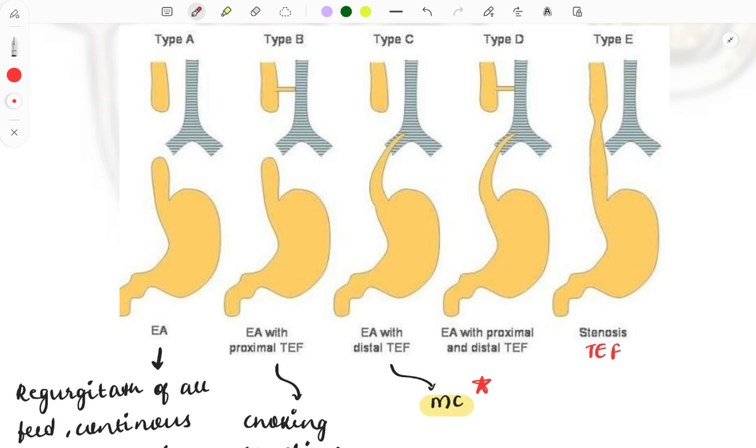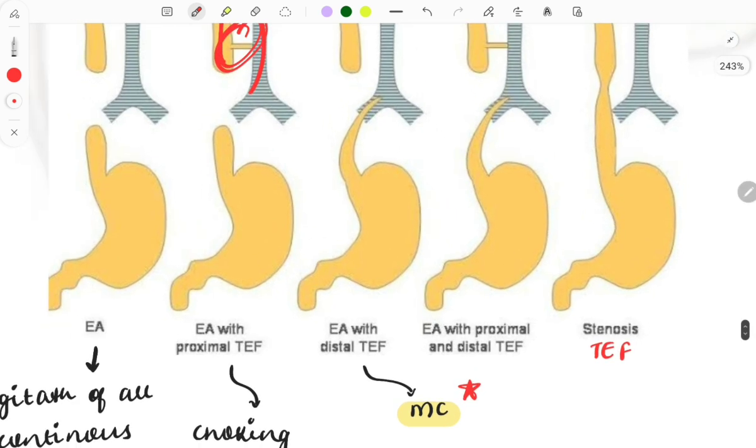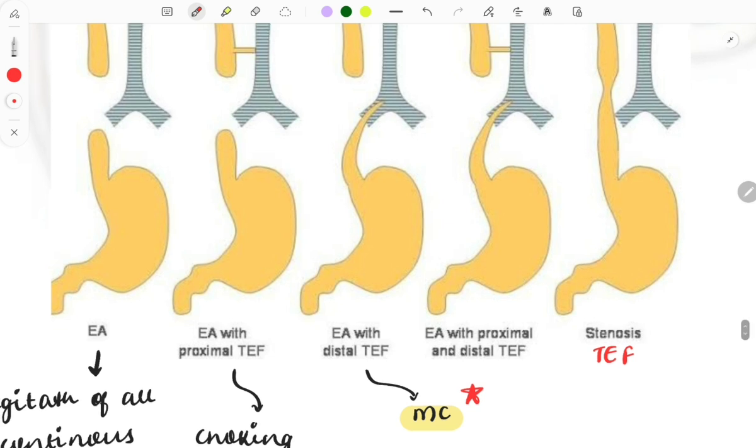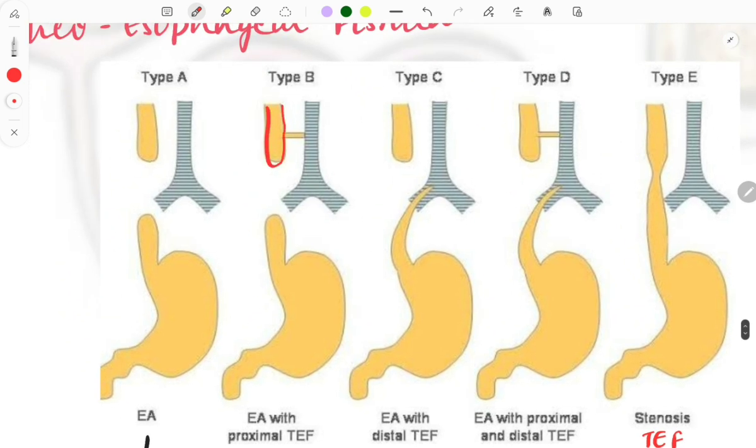Then in case of type B, there is a formation of a fistula between the trachea and the esophagus, as you can see here, and it will be proximal. So esophageal atresia is there, along with that a fistula formation. Okay, so it will be proximal tracheoesophageal fistula with esophageal atresia.